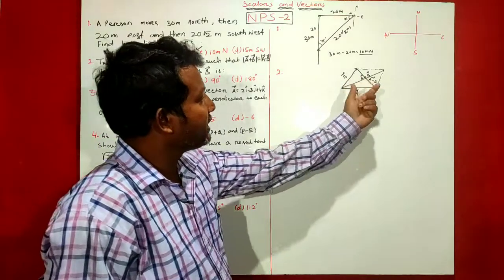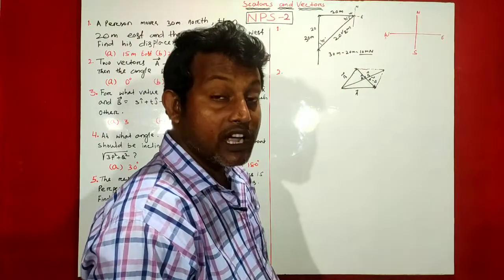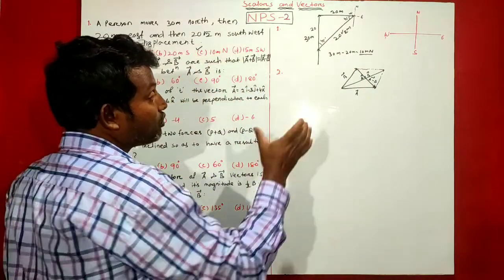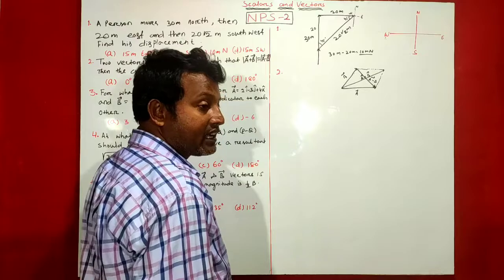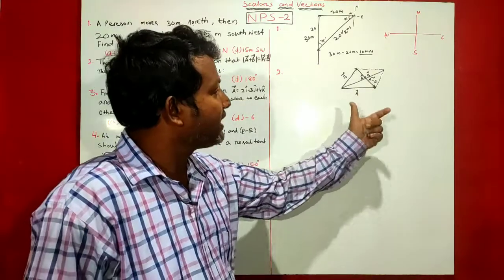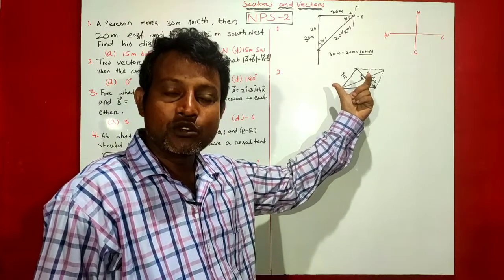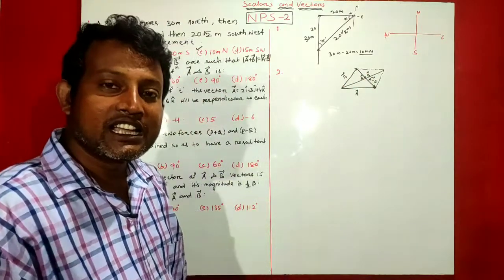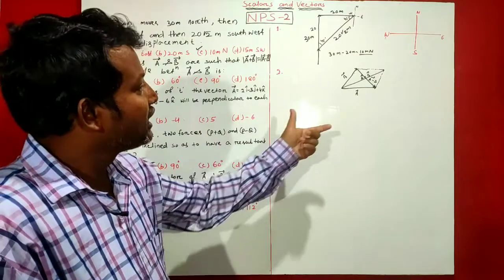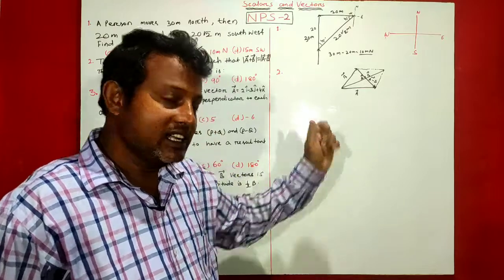In this question, given that A plus B is equal to A minus B, so guys, which parallelogram gives two equal diagonals? This is the rectangle.